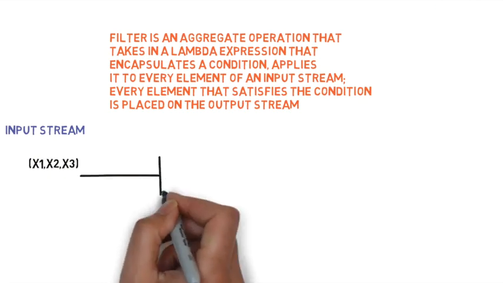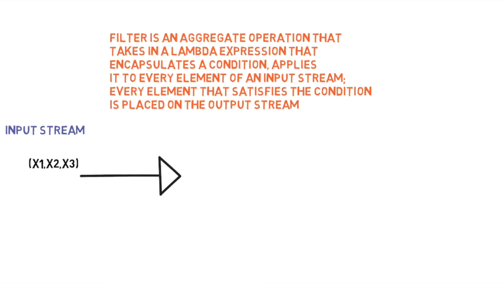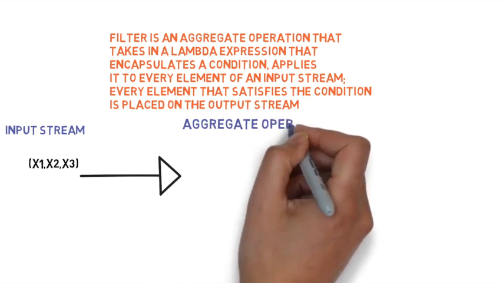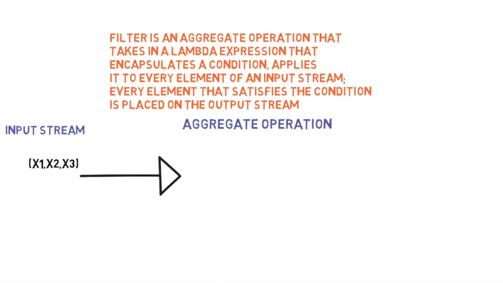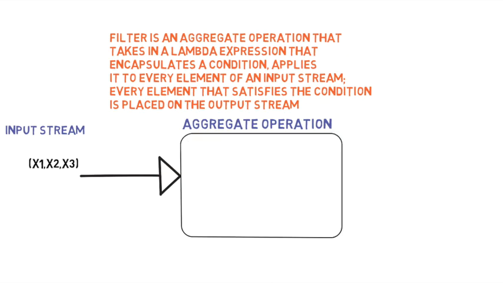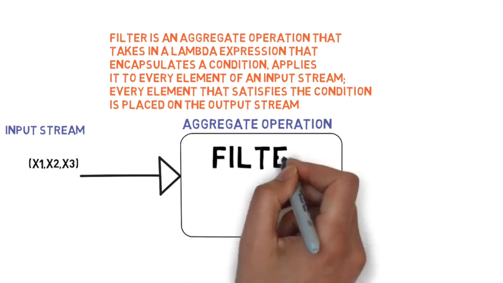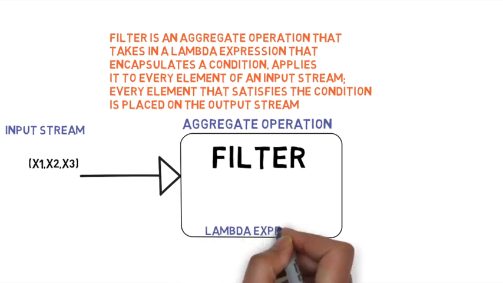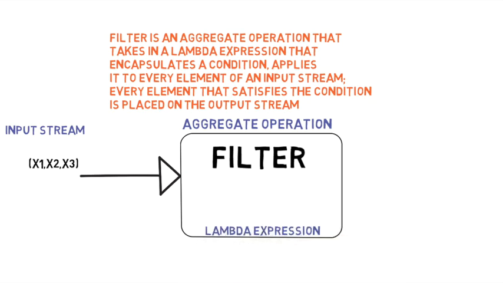So say we have an input stream x1, x2 and x3, and we have the aggregate operation that's going to be applied to it, which is the filter. A filter basically has a lambda expression which has a condition within it.